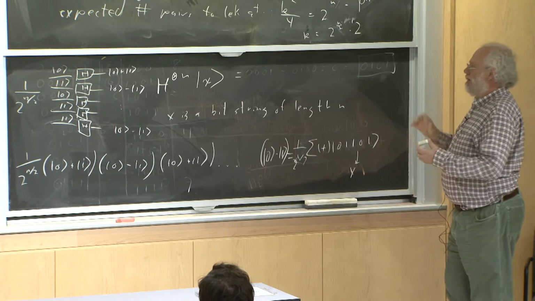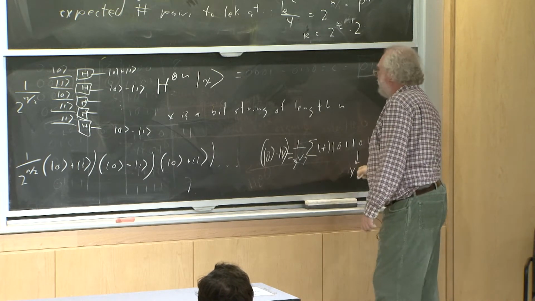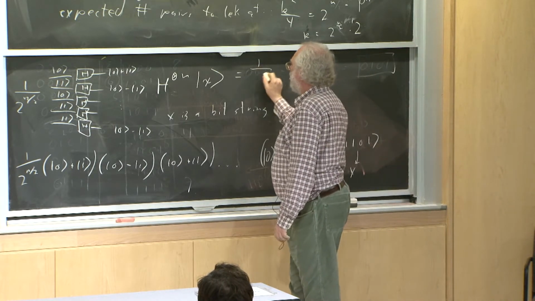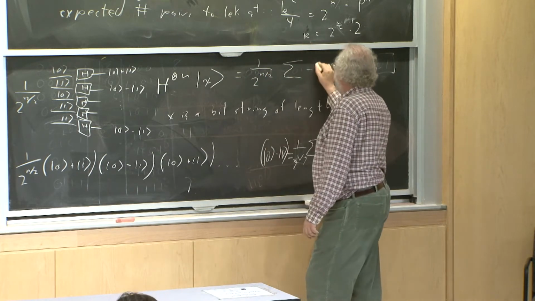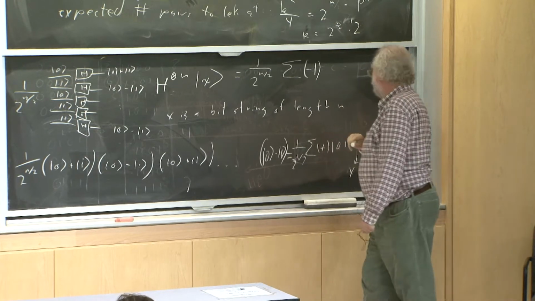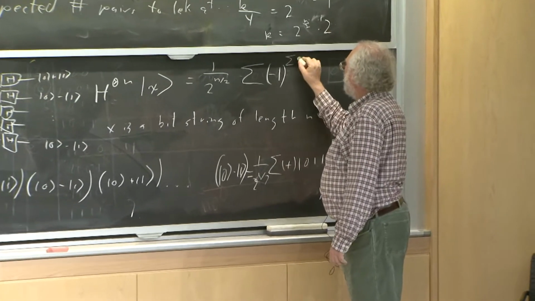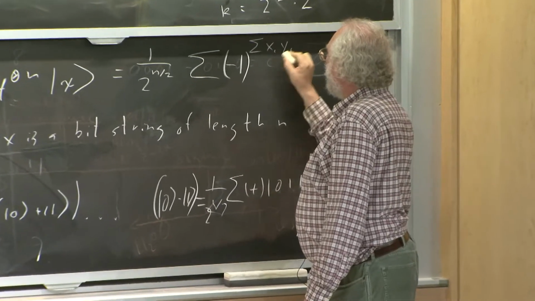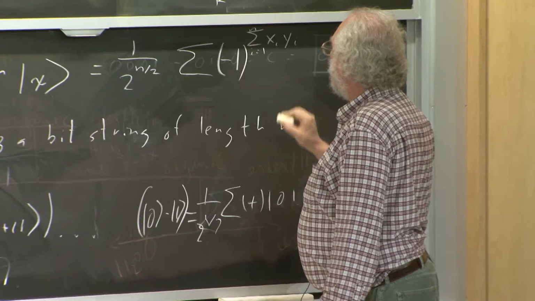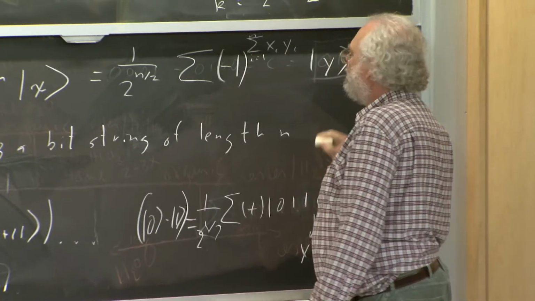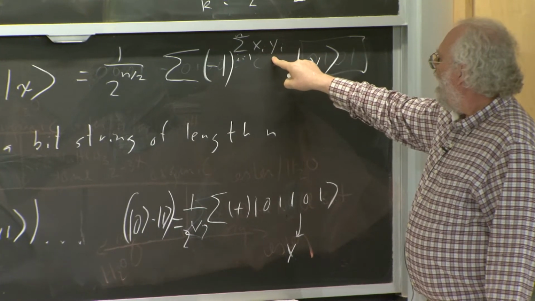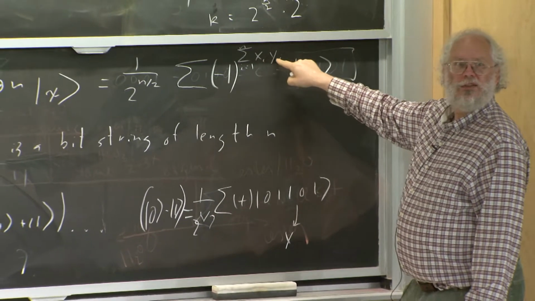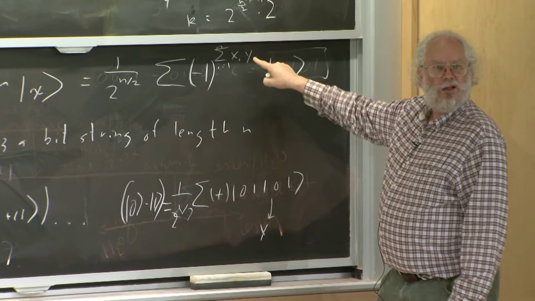What I want to claim is that this is equal to 1 over 2 to the n over 2 times the sum of minus 1 to the sum of xi yi, i equals 1 to n, y, where xi is the ith bit of x, and yi is the ith bit of y.